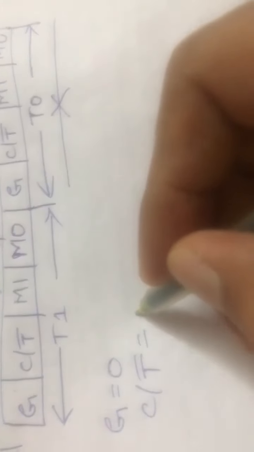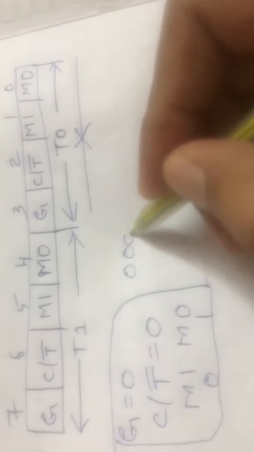C/T bar equal to, since we have to work with respect to timers in the question, so this bit is equal to 0, then mode 1, mode 0. So here in the first case mode 1, so 0 0 0 1.